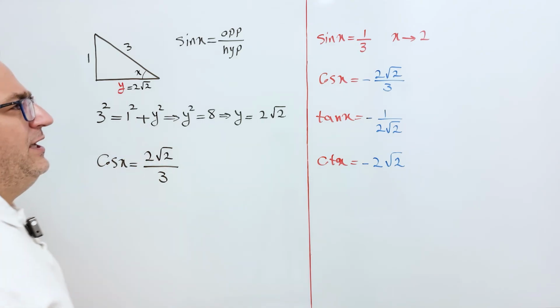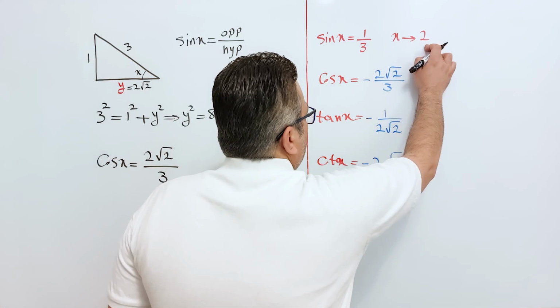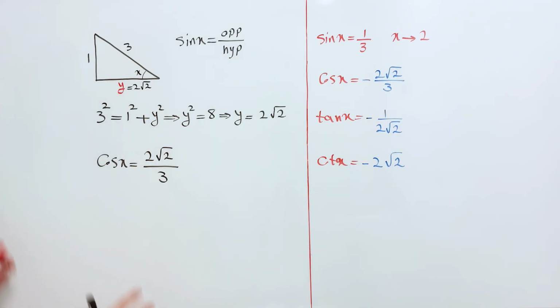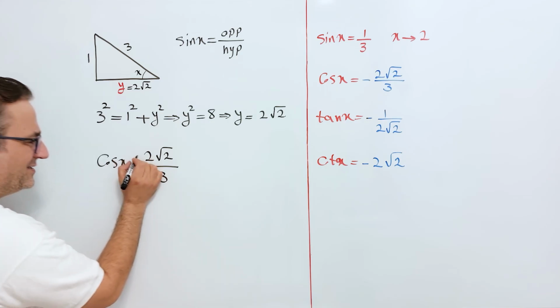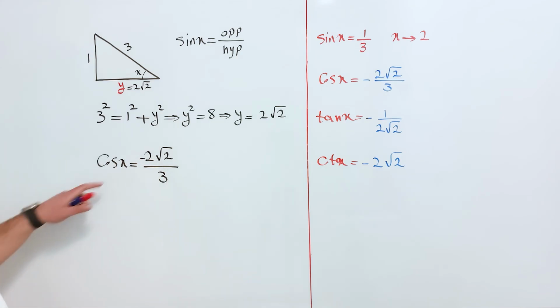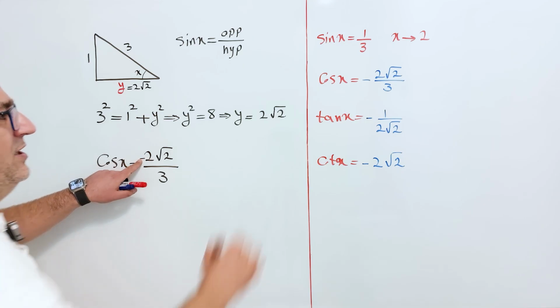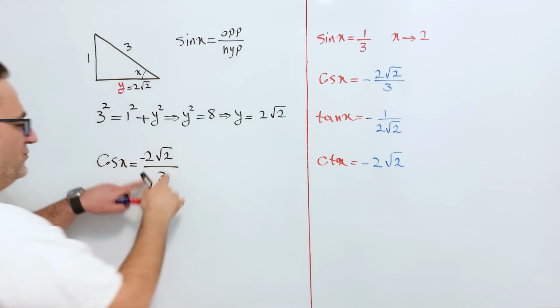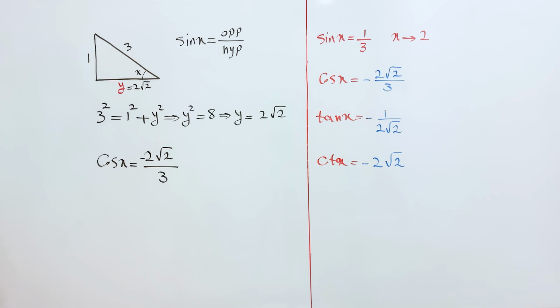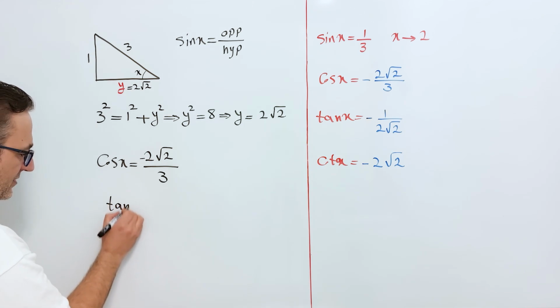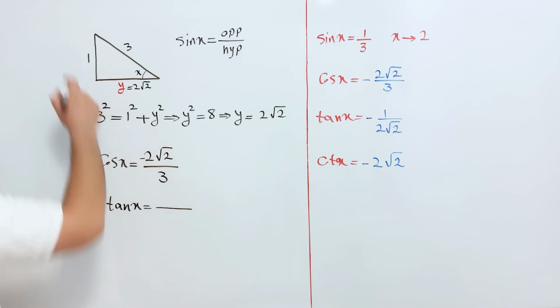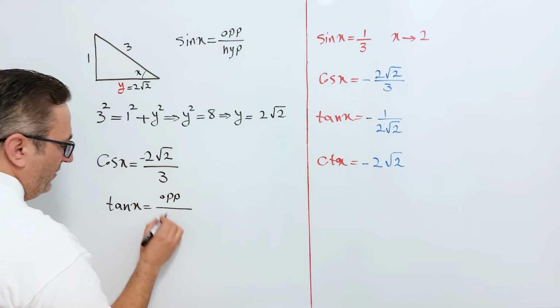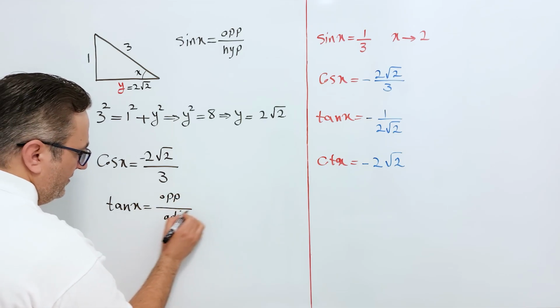And we know that x is in the second quadrant. So the sign of cosine in the second quadrant is minus. So cosine is equal to minus 2 times the square root of 2 over 3. And according to the definition of tangent, tangent x is equal to the opposite side divided by the adjacent side.